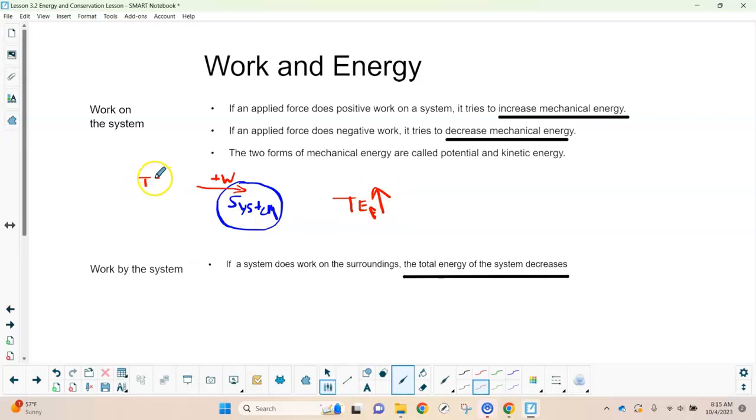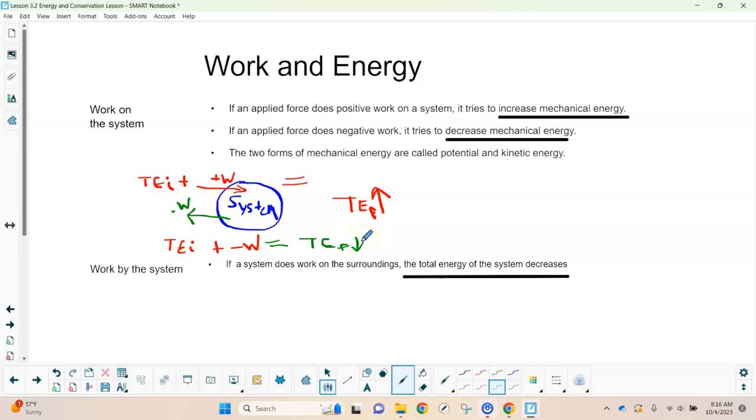If you start out with the same total energy and we did negative work, that would be essentially things taking energy out of the system. So that'd be negative work there in green, and that would cause a decrease in the energy of the system. So total energy final would go down.